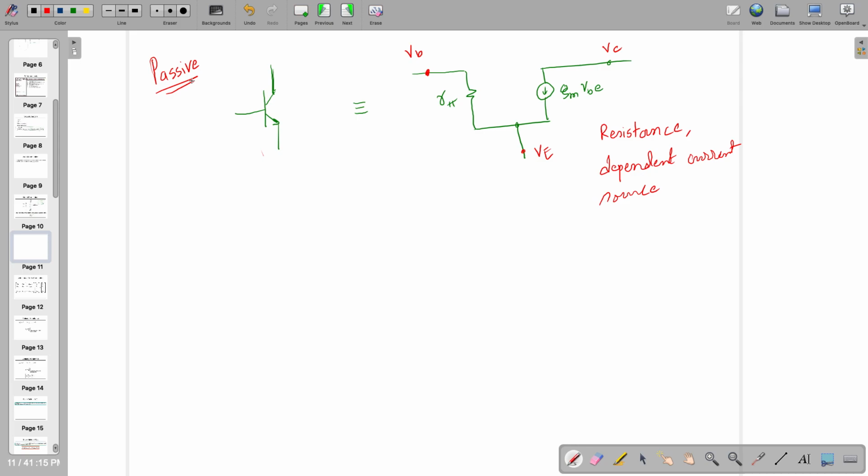Okay. So this model which I have drawn is at low frequency. This model is known as the low frequency model.